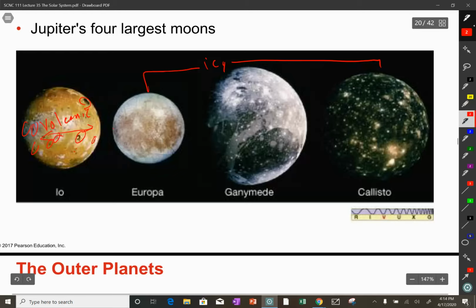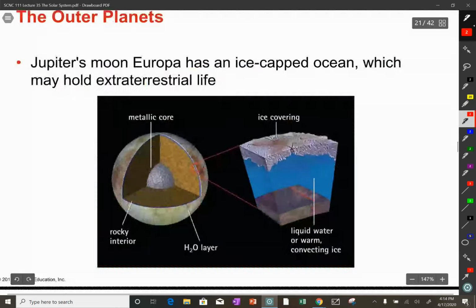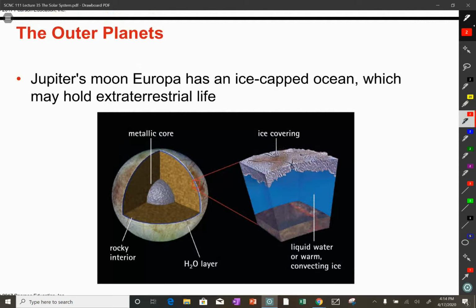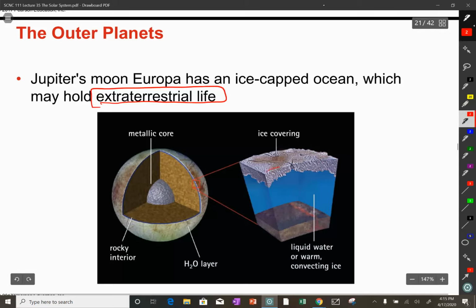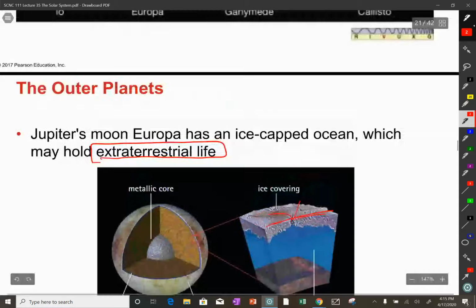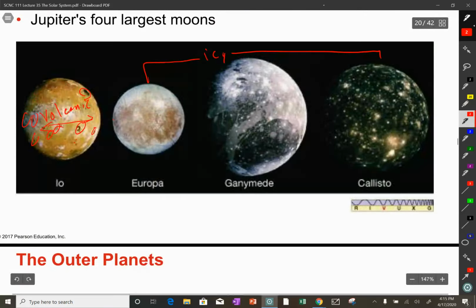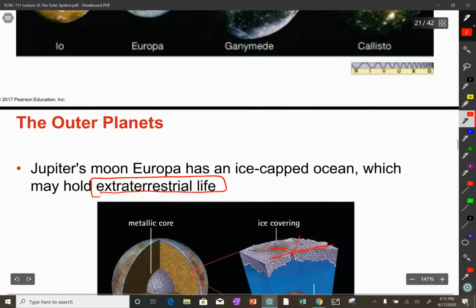Now, Europa, I have another slide about that, so let's go on to Europa. Europa is considered a prime location for extraterrestrial life. Why prime? Well, it has an ice covering, an ice surface. The ice has cracks and stuff that indicates recent deformation. In fact, we have essentially plate tectonics, but happening in ice for Europa.